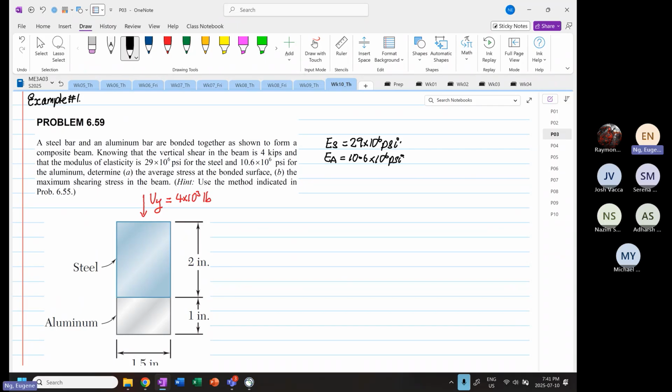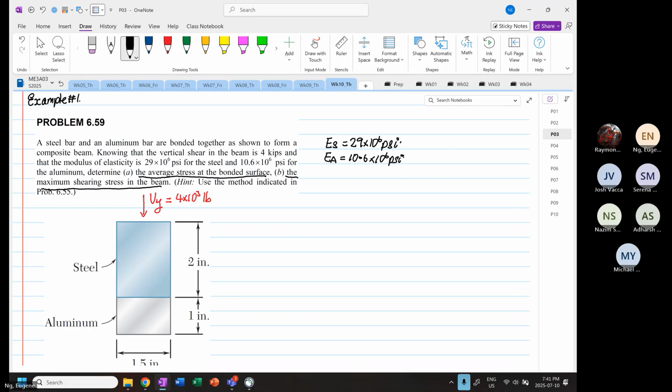We were asked to determine the average stress at the bonded surface. And then we are also asked to determine the maximum shearing stress in the beam. So we're going to do this example.